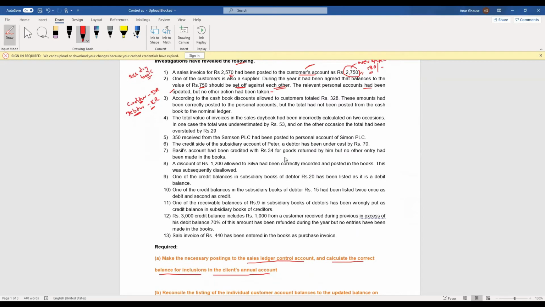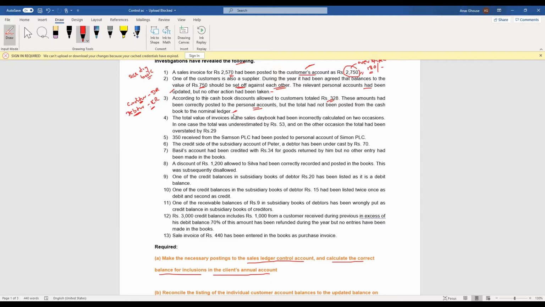According to the cash book, discounts allowed to customers total 328 rupees. These amounts had been correctly posted to the personal accounts, but the total had not been posted from the cash book to the nominal ledger, which means to the sales ledger control account.